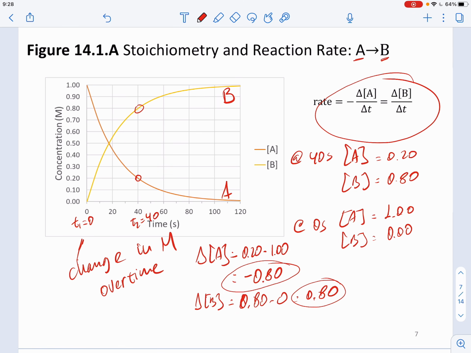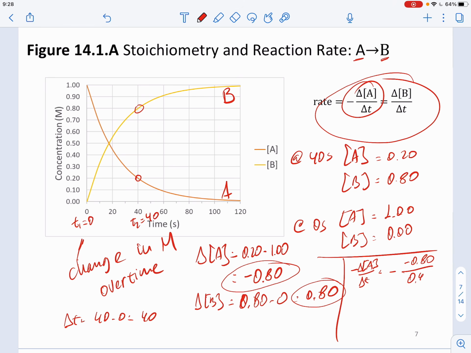Now that is the change in concentration. What is the change in the rate, so to speak? So here delta T is equal 40 minus 0 equal 40. So this first term here, minus delta A over delta T is equal to minus 0.80 over 40.